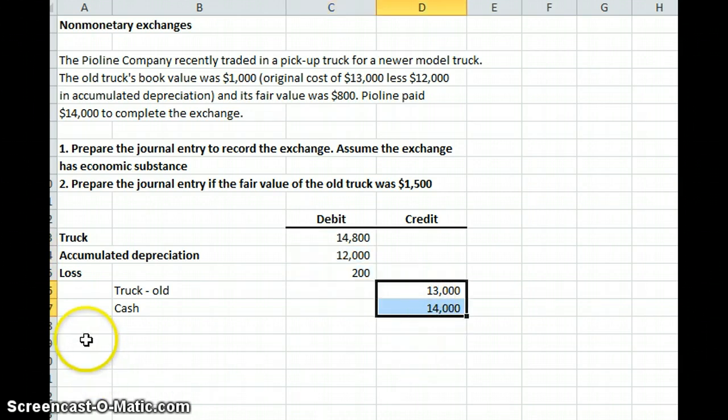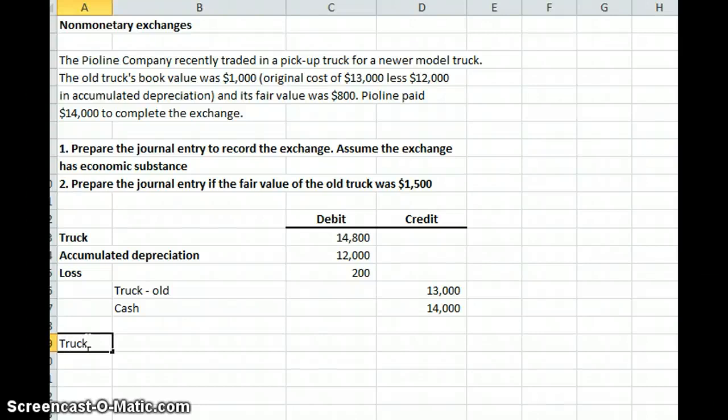So we eliminated that. We had a $1,000 book value left on the truck. We had a fair value of $800, so we knew we were going to have a $200 loss. That $800 fair value then becomes part of the value of our truck in addition to the cash that we paid.